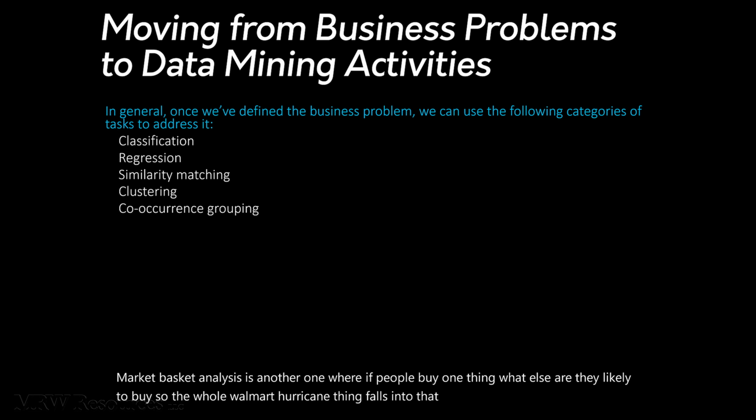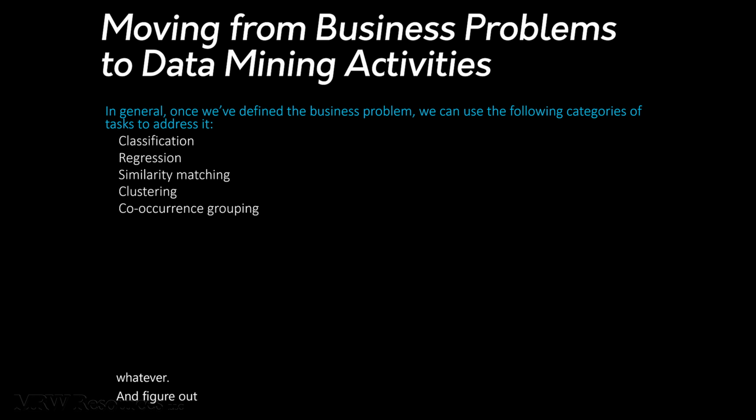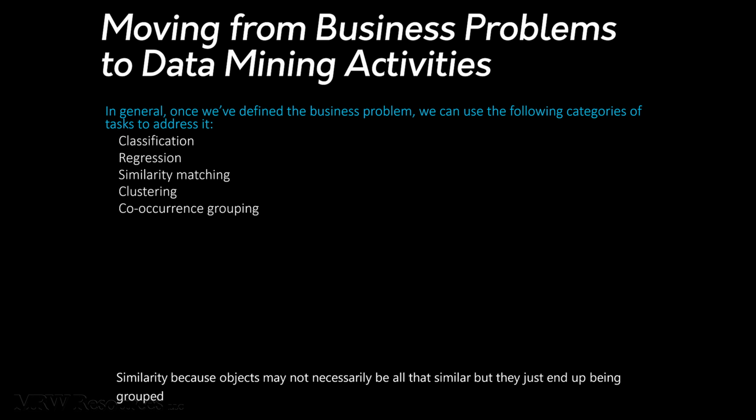We're basically trying to look at different transactions involving entities, whether they be customers or companies or whatever, and figure out what gets lumped together. It's a little different than similarity because the objects may not necessarily be all that similar, but they just end up being grouped together in the same transaction many times.